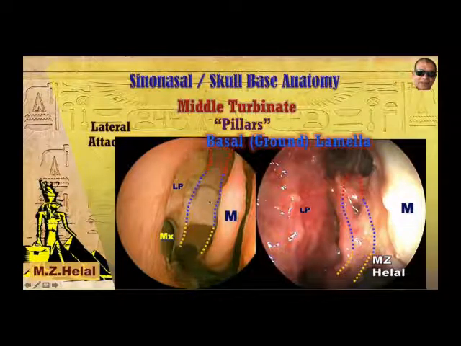If we want to go to the posterior ethmoid, we have to fenestrate this basal lamella as in the traditional FESS technique, a few millimeters above the junction between the oblique part here and the horizontal part. So this is the area for fenestration of the basal lamella.